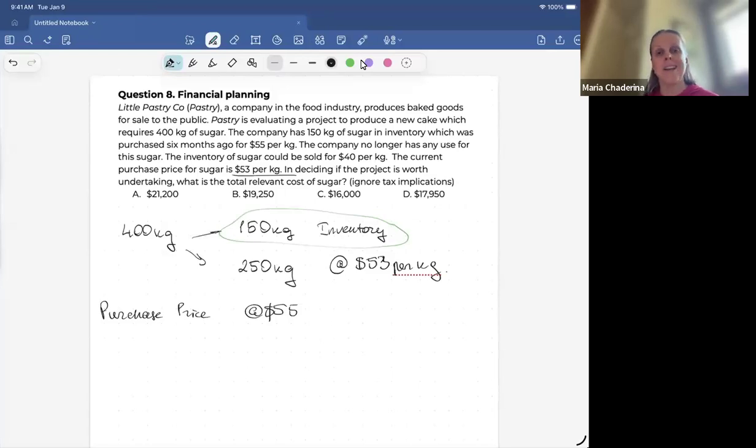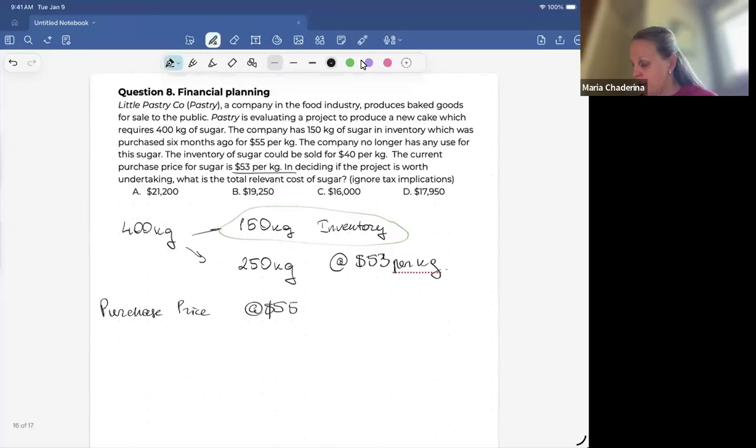Okay, so the moment you buy it, however, the value of that asset to you changes. And the best alternative use of that asset right now is not that you can sell it back to the seller at $55. That's why it's no longer valued at $55.